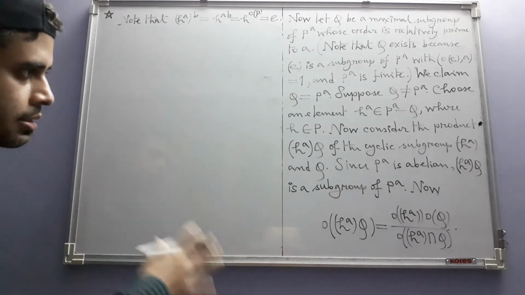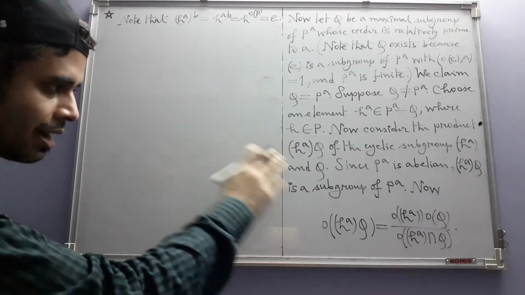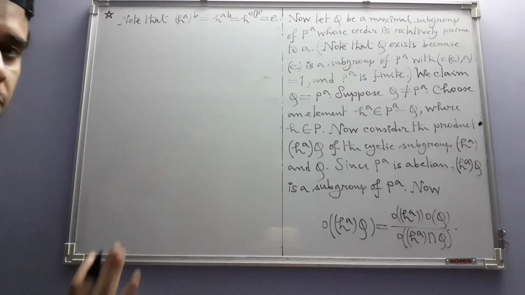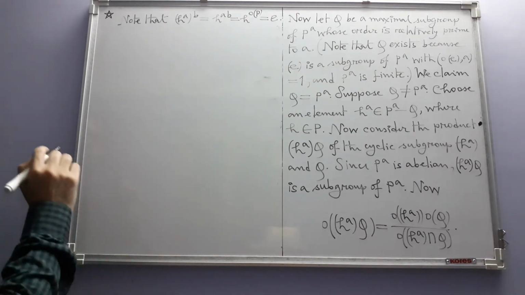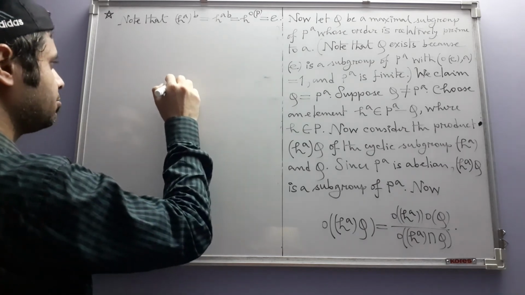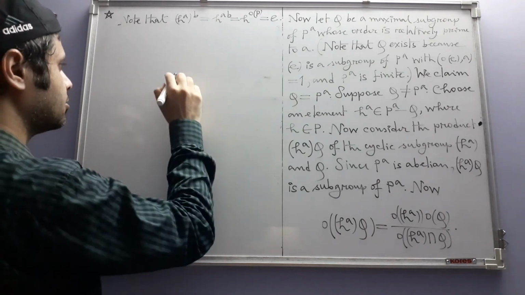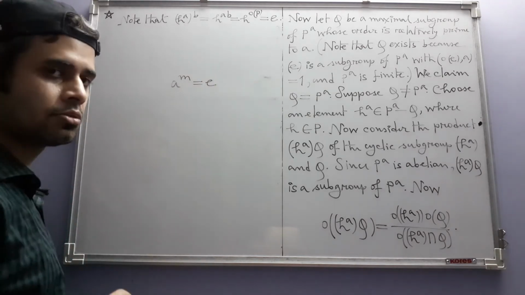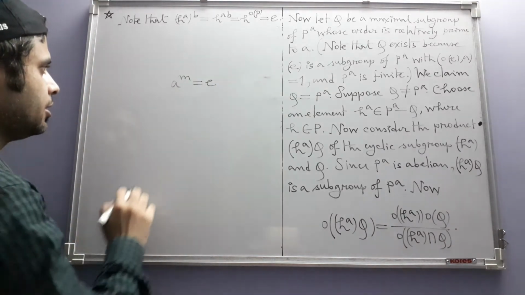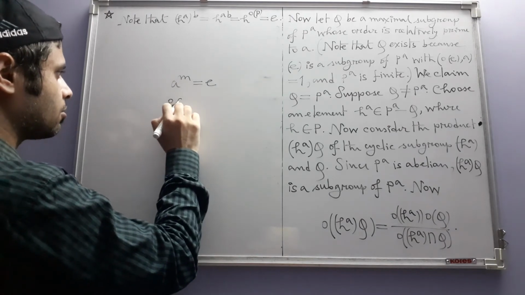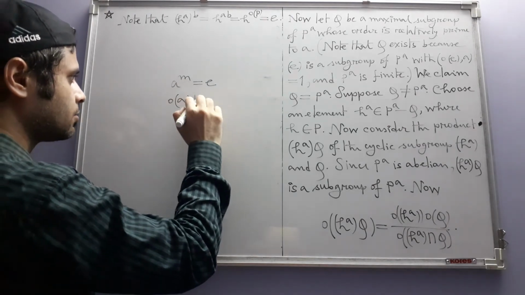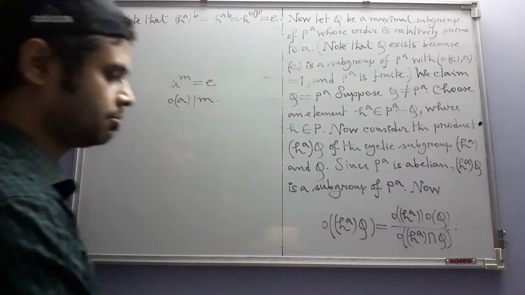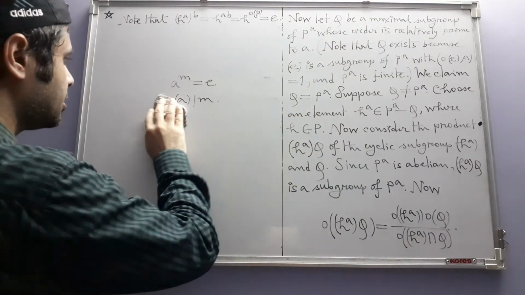So this exercise, although it appears after this one, can be regarded as something which we are allowed to use here, and which says that if we have an element A in a group whose mth power is equal to E, where m is some integer, then order of A divides m. It's that result. So that we can now use here.